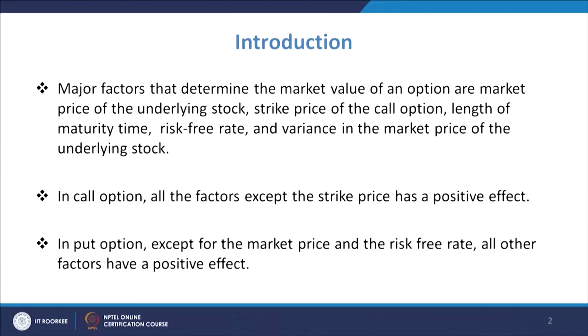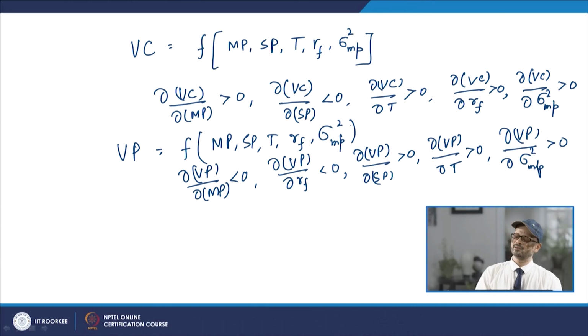It is also clear from this expression that for the put, the rate of change of value is positive for strike price, maturity time, and the variance of the market price. With respect to market price and the risk free rate of return, it has a negative effect. That is how it is affecting.